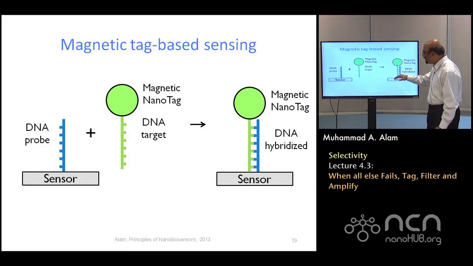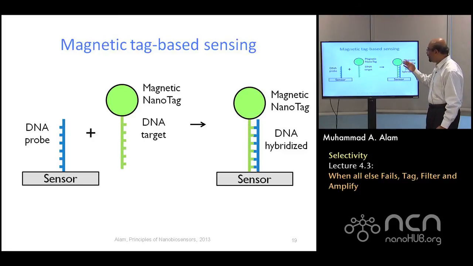See, there will be several advantages. First of all, there will not be any salt screening because magnetic interaction will not be screened by the salt. That will be good. Also remember, none of the parasitic particles have this magnetic nanotag with them. So although they may be floating around, this magnetic field-based sensor will not notice them.